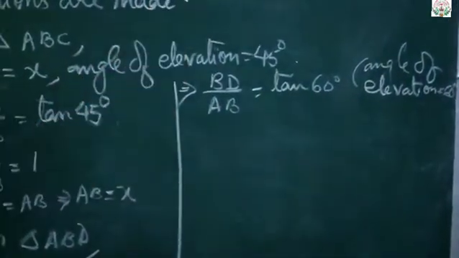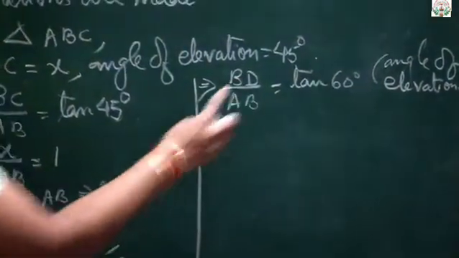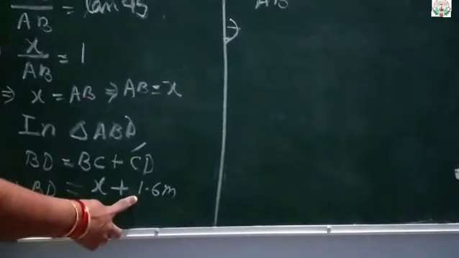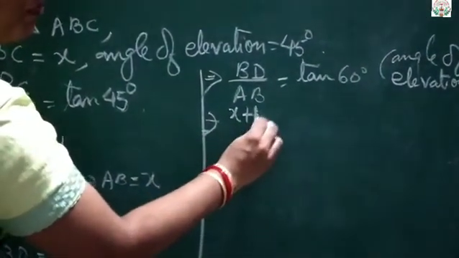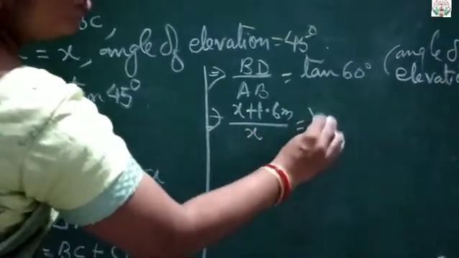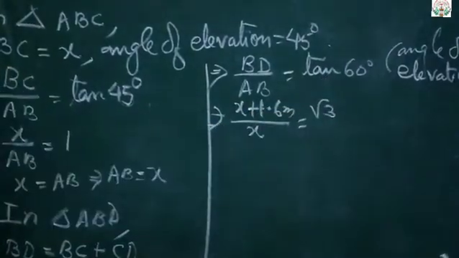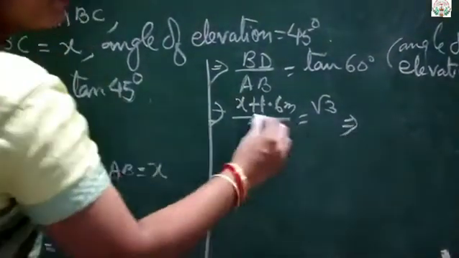Now put the value BD: x plus 1.6 meter upon x equals to root 3, because tan 60 value is root 3.